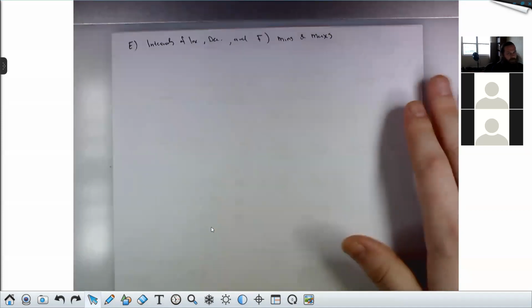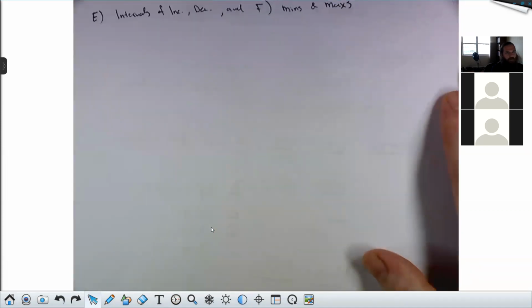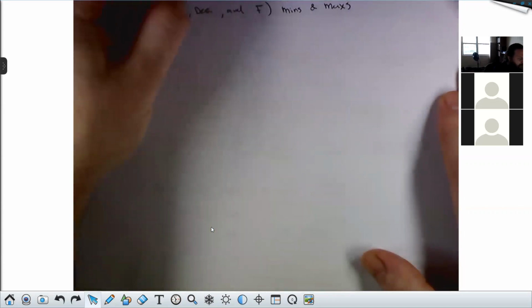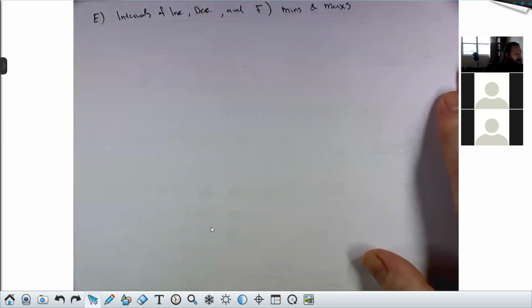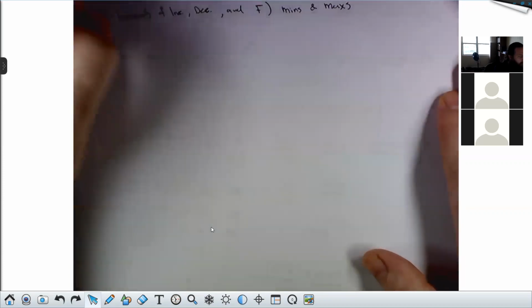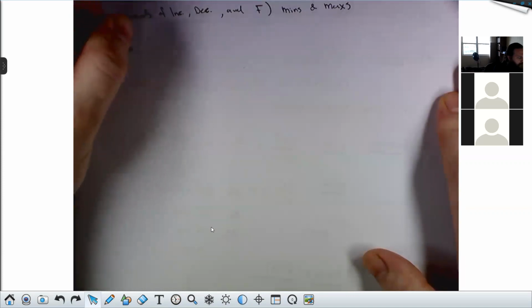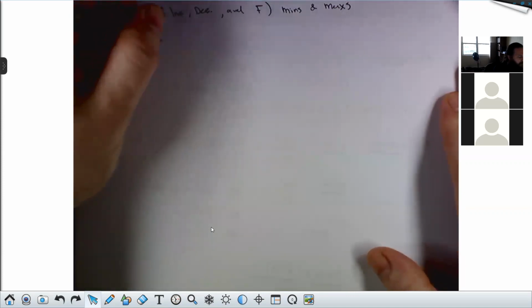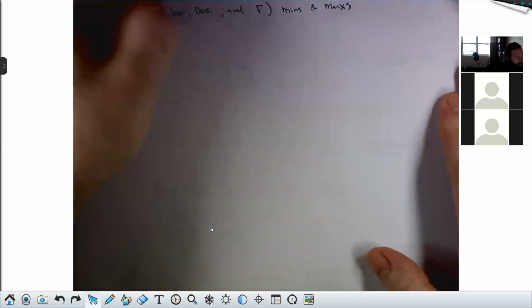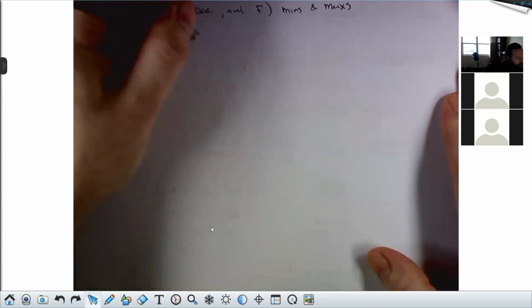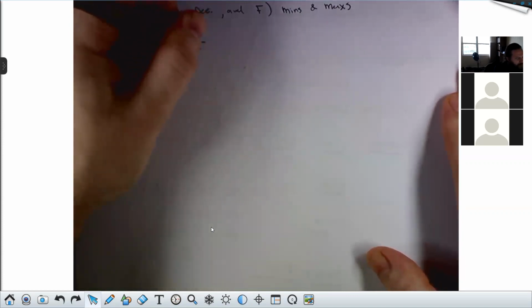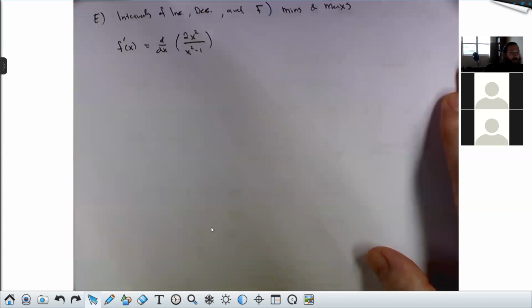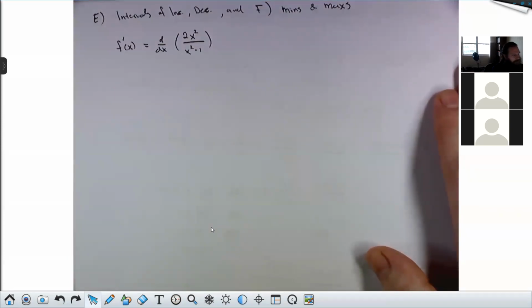We do these together with the number line. That's my shorthand here, inc and dec. These all come from the first derivative, which is the derivative of 2x squared over x squared minus 1. And we should really use the quotient rule here. This is a place where the quotient rule is appropriate.